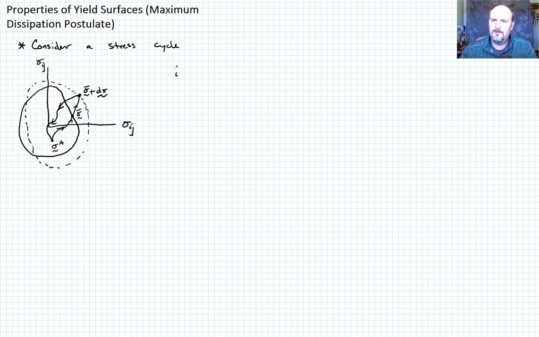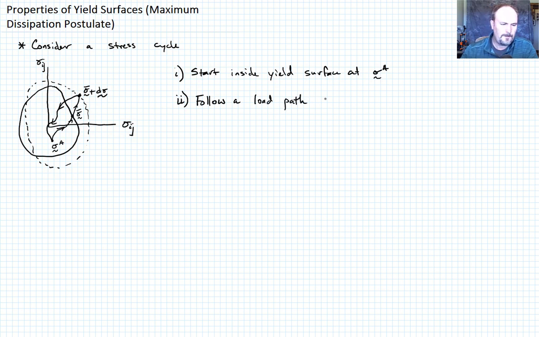Let me write down the four steps here that we want to look at. Number one, we're going to start inside the yield surface at sigma A. That's the first location. Then we're going to follow some load path to the yield surface at sigma bar.